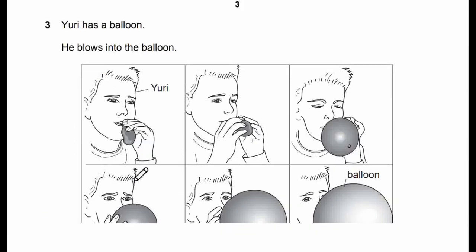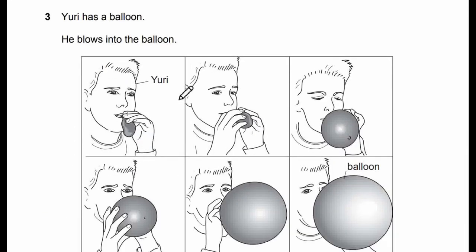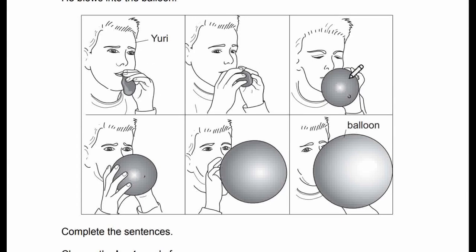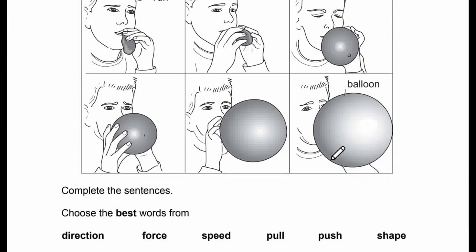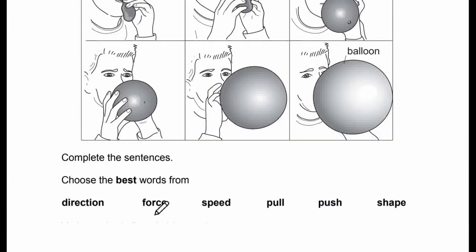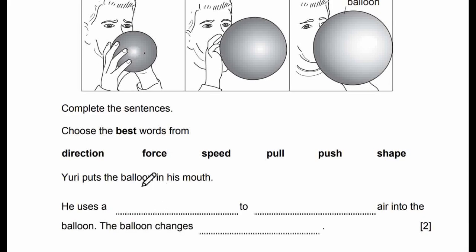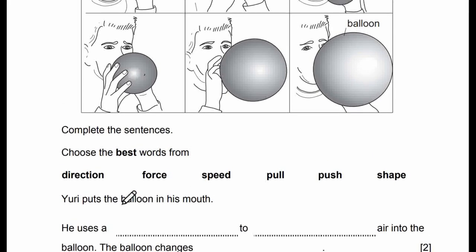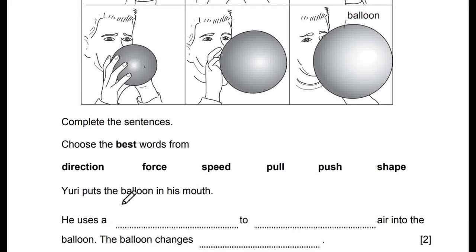Yuri has a balloon. He blows into the balloon. Here Yuri starts blowing and then the balloon starts inflating. Complete the sentences. Choose the best word from direction, force, speed, pull, push, shape. Yuri puts the balloon into his mouth. He uses a... let's see, the correct answer will be force.